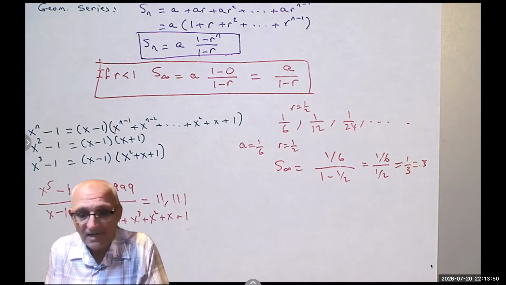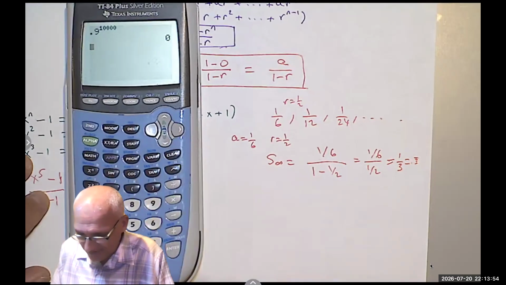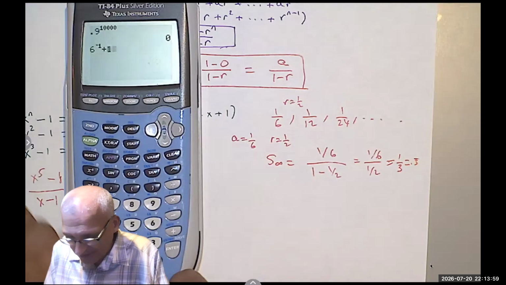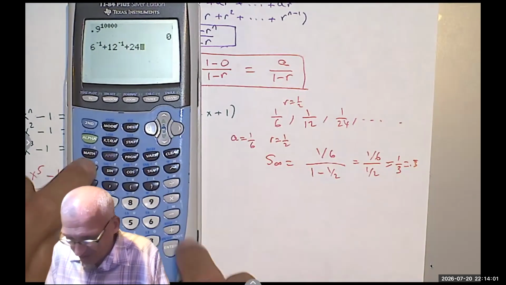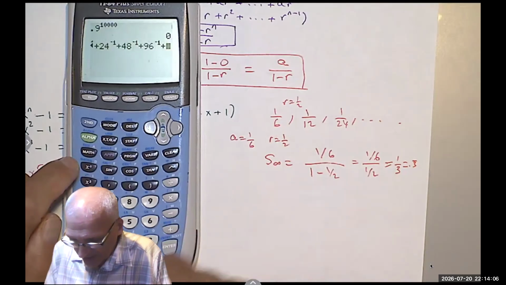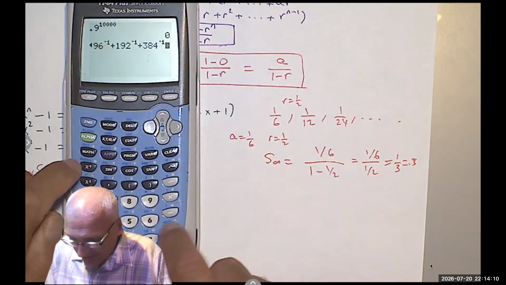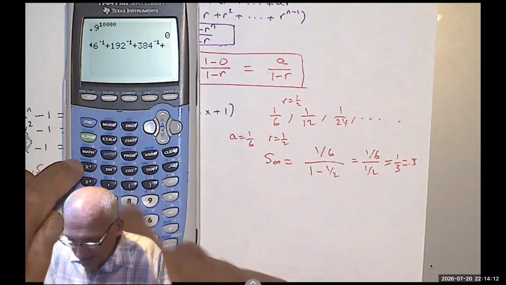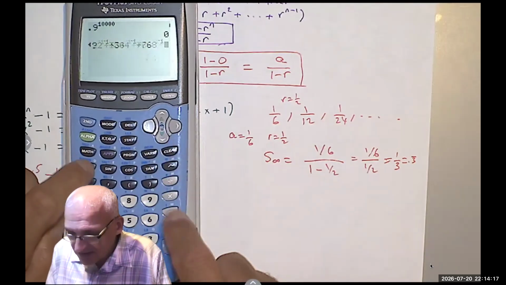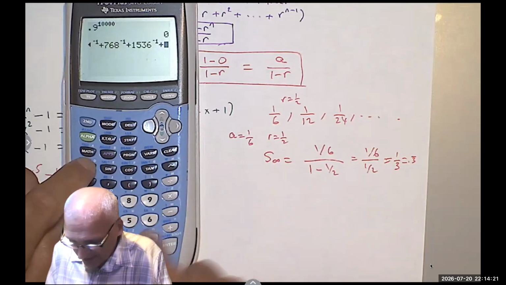Okay? Let's check it out. Of course, I cannot go to infinity, but what I'm going to say is, what if I have 6 and I invert it, and then 12 and I invert it, and then 24, and then 48, and then 96, and then 192, and then 384, and then 768, and then 1536, and then 3072.